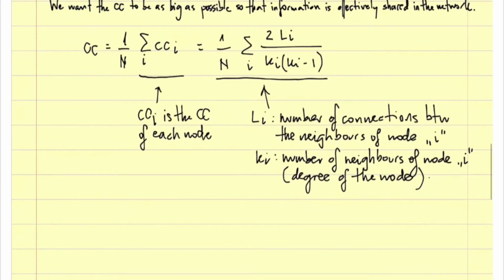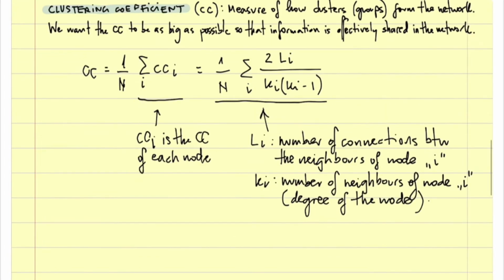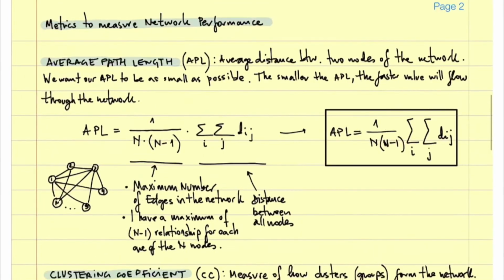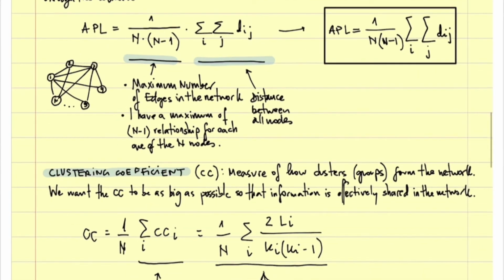let's make an example before we continue of these two metrics so that we get a little bit cozy with them. So before I continue, let me paint it again. Clustering coefficient is equal to 1 divided by n, 2 times Li divided by Ki times Ki minus 1.